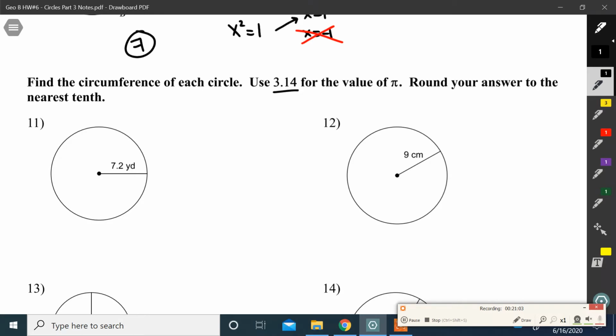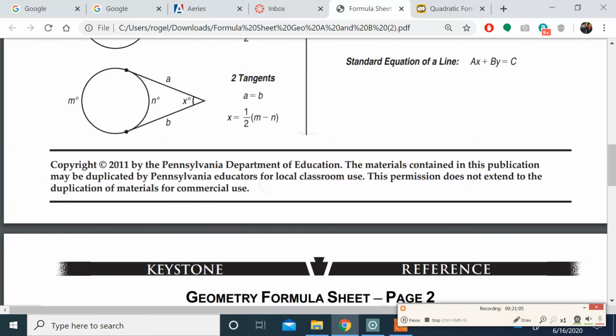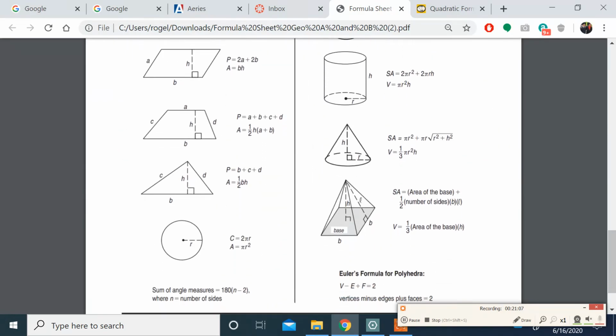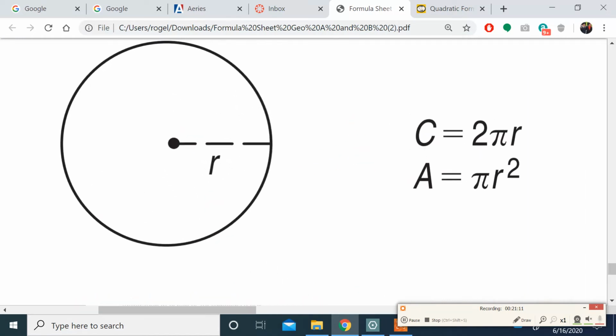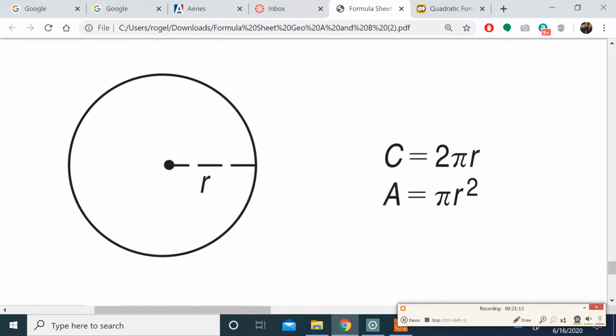When I look at the formula sheet, it's actually on the back, and it's right there. So we have the formula for the circumference, and then we also have the formula for the area. And that is technically all that we're going to use for this right here. And then I'll give you another formula that you are going to need later on.